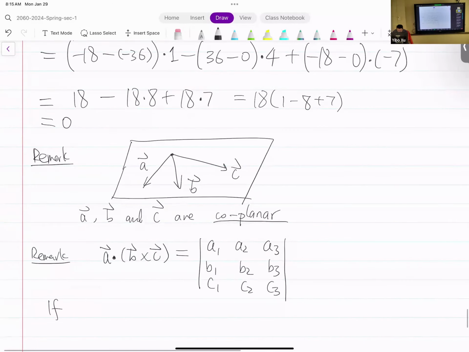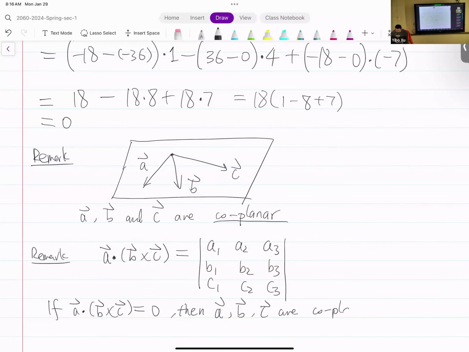And you also know that if this result is 0, then A, B, and C are coplanar. So coplanar just means that they're within the same plane. And the reverse is also true, vice versa.